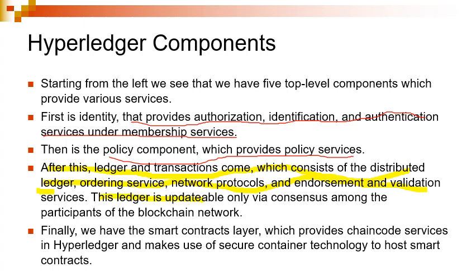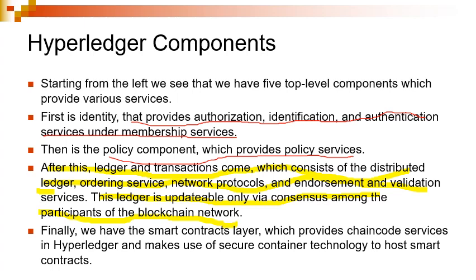This ledger is updated only via the consensus mechanism among the participants of the blockchain. We know the basic principle of the blockchain: it is updated via the consensus among the participants.